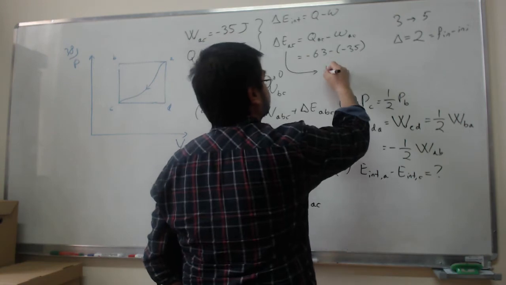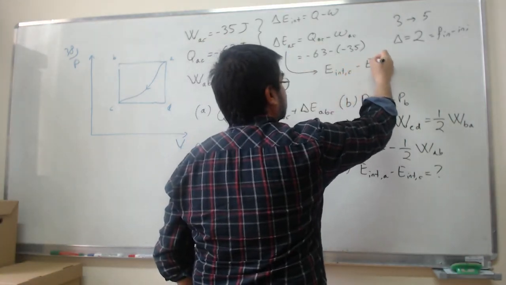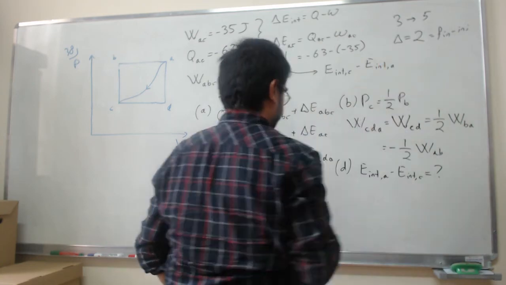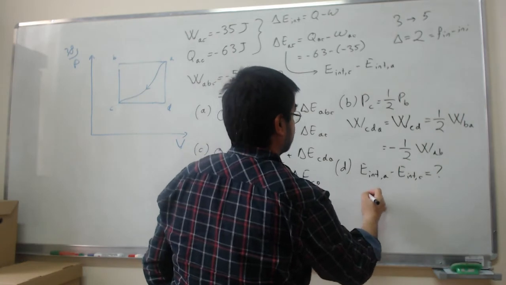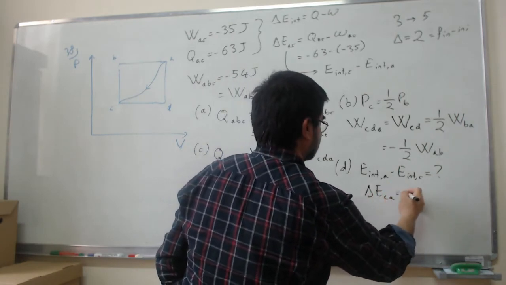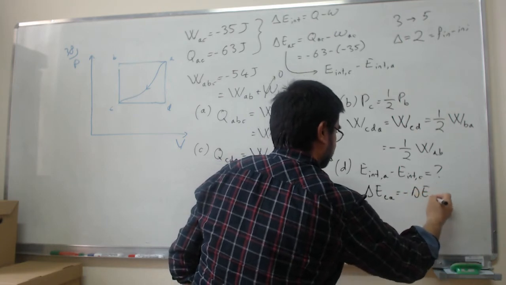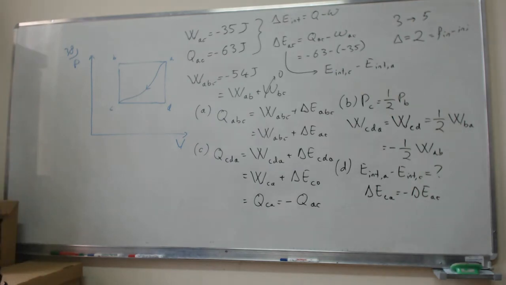So this is E int C minus E int A, right? So this thing is just the opposite of that. So this is going to be delta E from C to A, which is just minus delta E from A to C, right? So this is a good question, because they are asking you about the meaning of these symbols that you're manipulating. If you're manipulating them mindlessly, you're going to have some difficulty with this one.